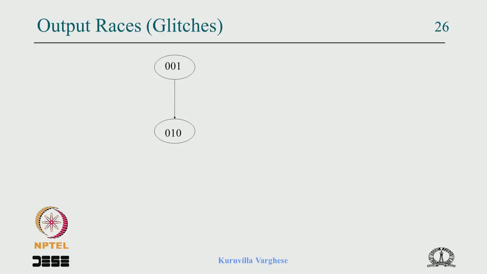Okay. So take a state machine with 3 flip flops. Let us call the outputs Q2, Q1 and Q0. I am just showing a part of a state diagram. Assume there is a big state diagram which has more than 4 states.